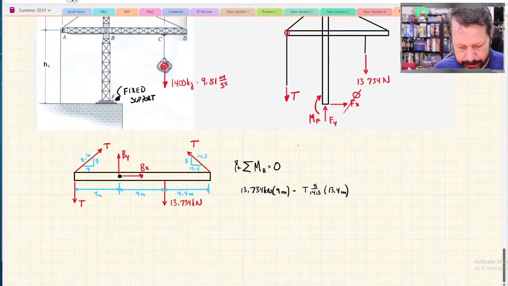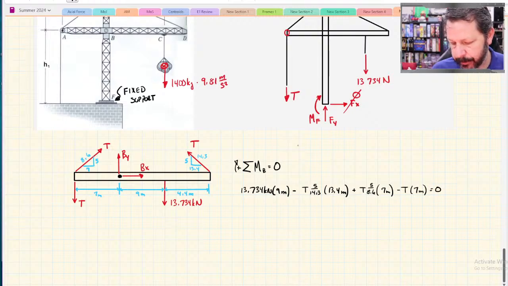Bx and by aren't in this equation, plus the angled t on the left hand side. So only the y component, 5 over 8.6, gives me the y component. It has a moment arm of 7 meters minus t times 7 meters. Has the same moment arm. All of those should equal 0. So there's a lot of stuff in there, but the only unknown is t.